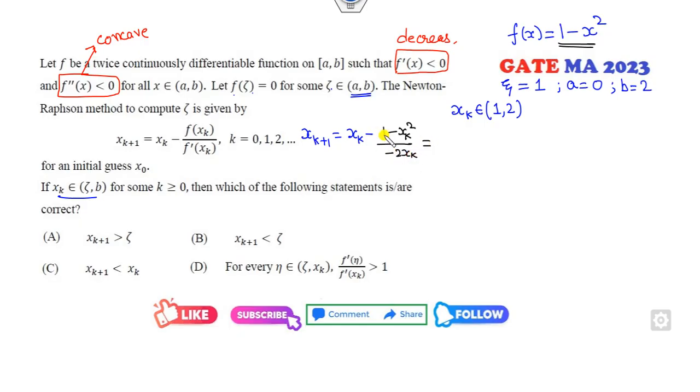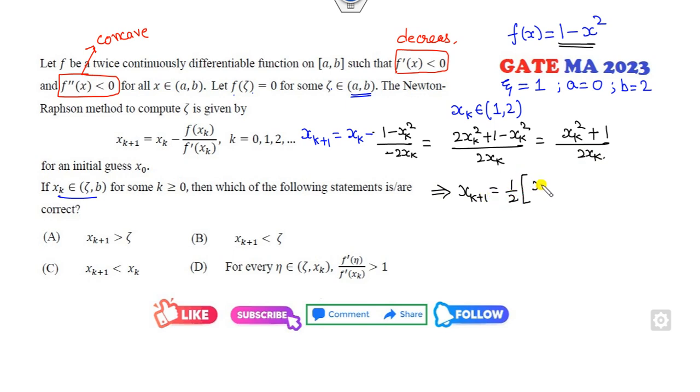So I can write the minus here. I can take the LCM: 2xk square minus, minus, plus 1 minus xk square, divided by 2xk. That means xk square plus 1 over 2xk. So I can simply say xk plus 1 is half of xk plus 1 over xk. Fine, I can take 2 as common.